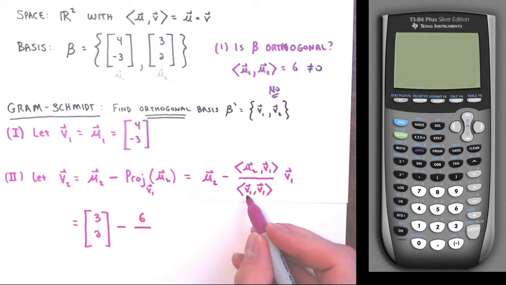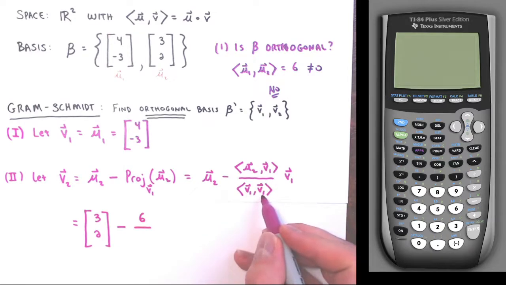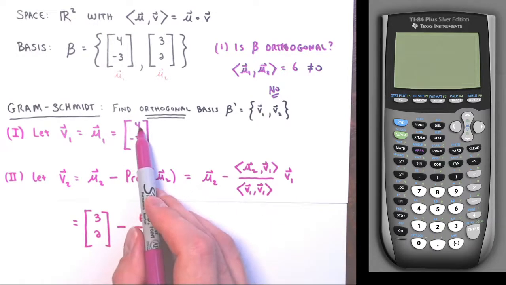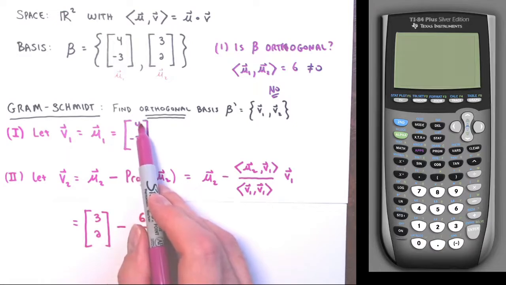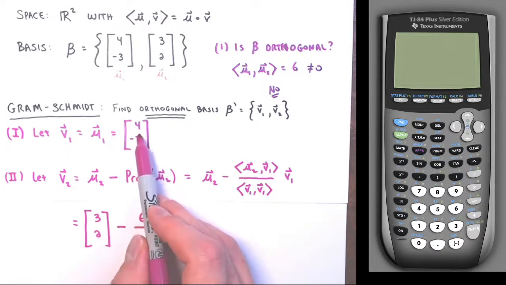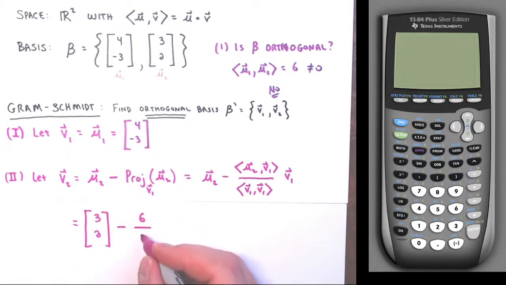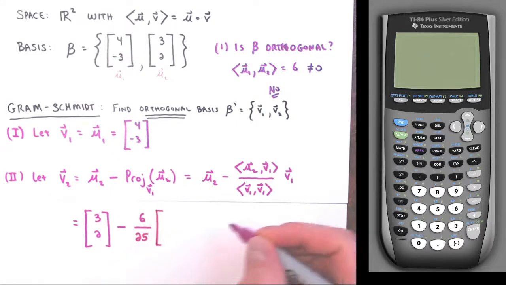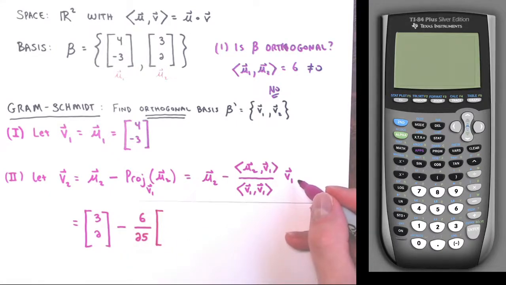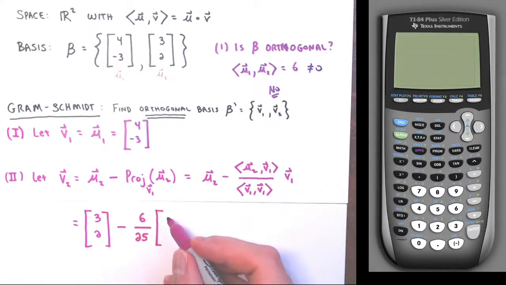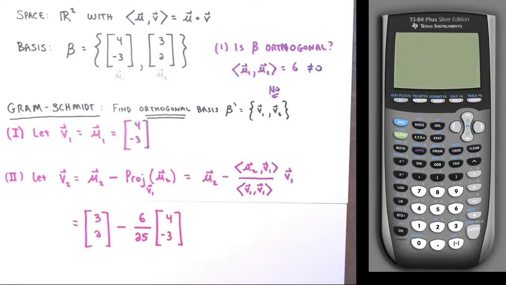And then what's the inner product of v1 with itself? So that'd be 4 squared plus negative 3 squared, right? v1 with itself, dot product. 16 plus 9 is 25. So I'm getting minus 6/25 times vector v1, times 4, negative 3. Right. Now let's put these together.